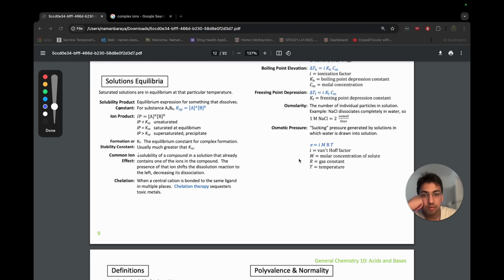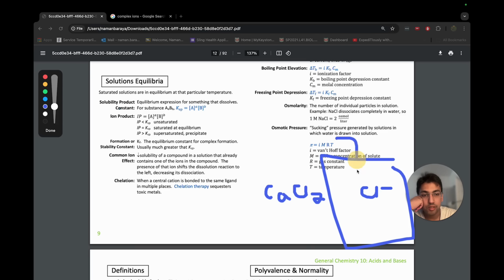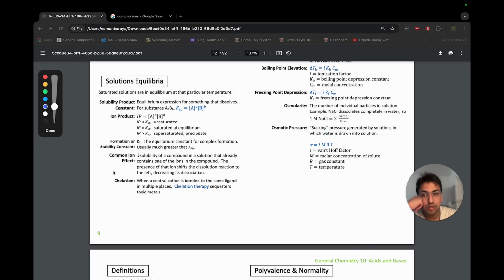For example, say I have calcium chloride that's already been dissolved, so there are already a lot of chloride ions in this solution. Now I'm trying to dissolve NaCl in it. Because the solution already has a lot of chloride ions, there's going to be the common ion effect, and a lot less sodium chloride will be able to dissolve.